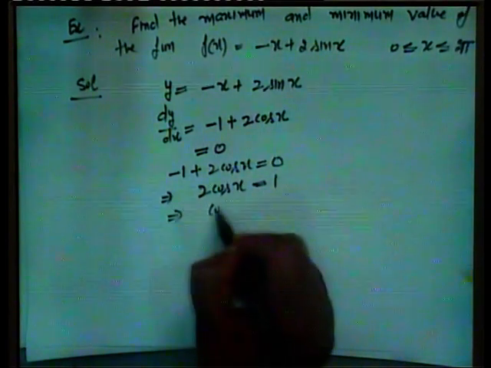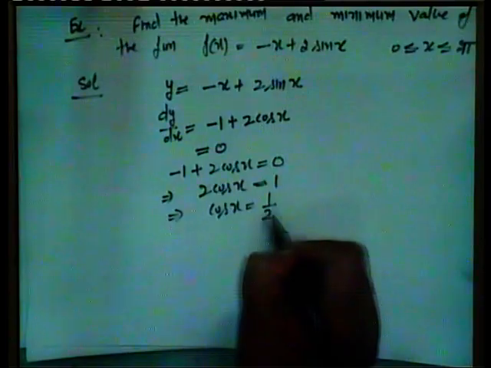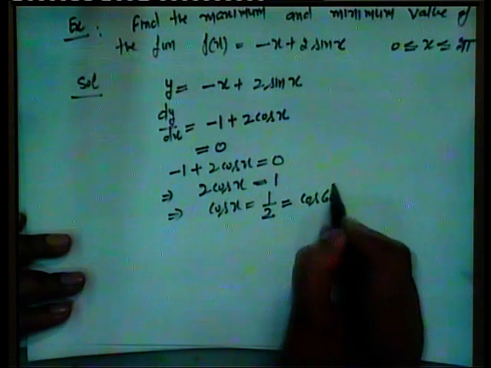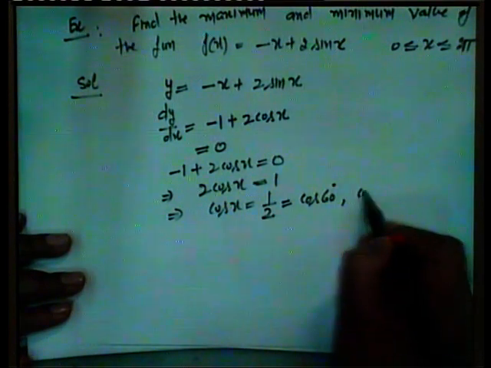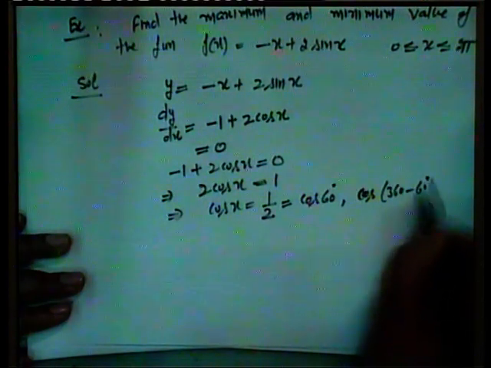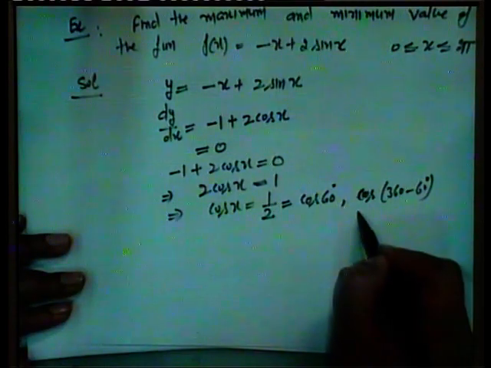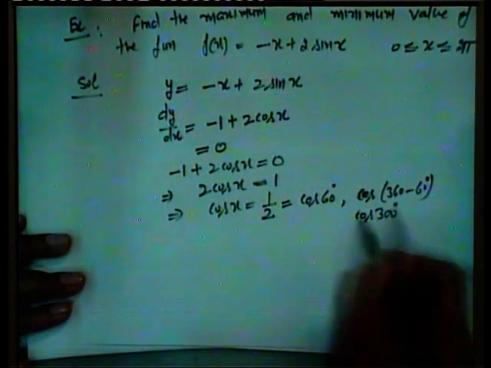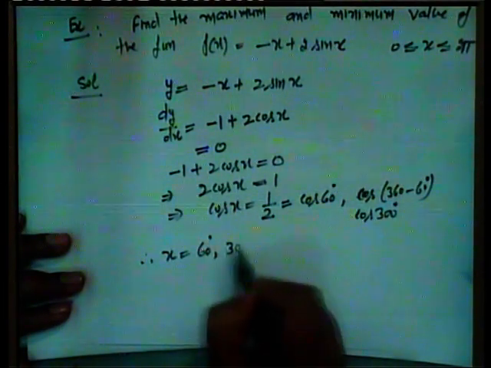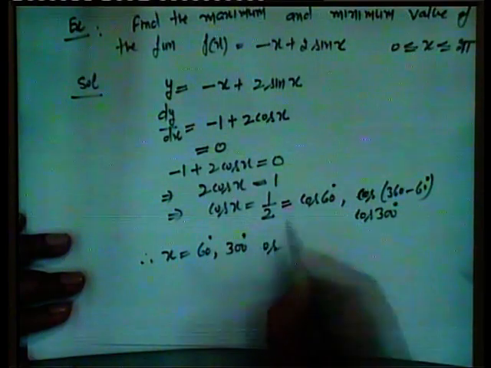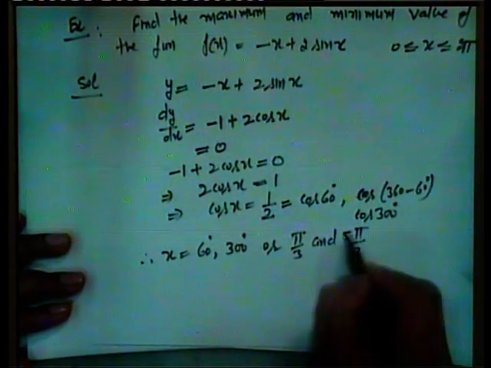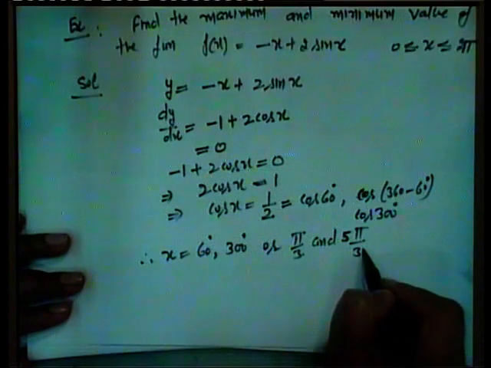This implies cos x is equal to 1 by 2. Cos x is 1 by 2 at cos 60, and in the fourth quadrant this is cos of 360 minus 60, means cos 300. Therefore, our x is 60 degree and 300, or in radians we can write pi by 3 and 5 pi by 3.